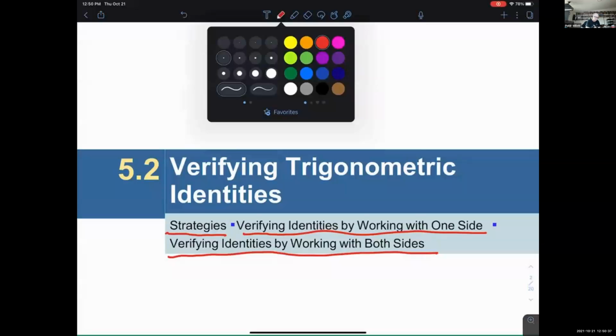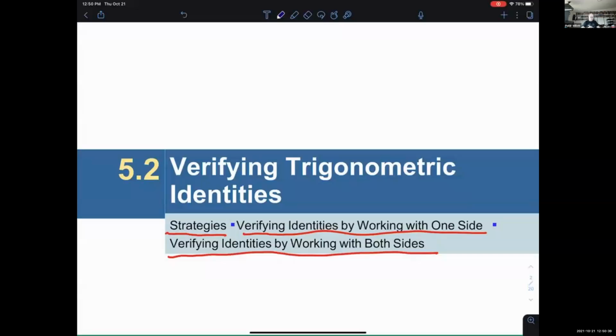So let's look at this for a second. Like our primary identity, we have, for example, sine squared theta plus cosine squared theta is equal to 1. So this is one of the identities that we can work with.